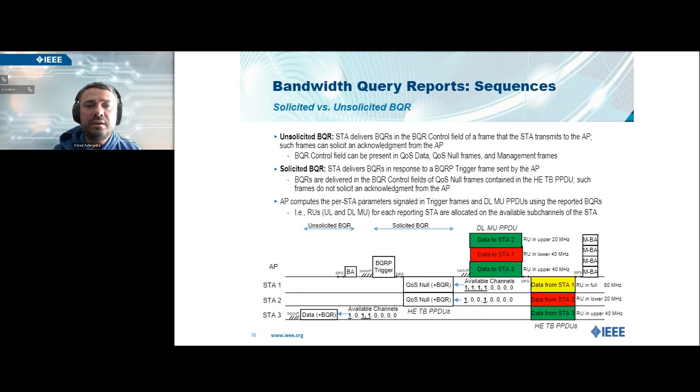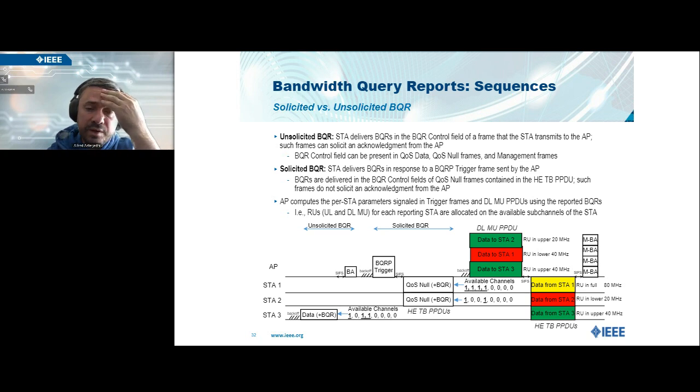In terms of the example, you have an indication from a station that only a subset of the channels are available on its end, and this is being done by an unsolicited BQR. And then station 1 and station 2 are being polled by the access point to provide their BQR status, so their bandwidth status.